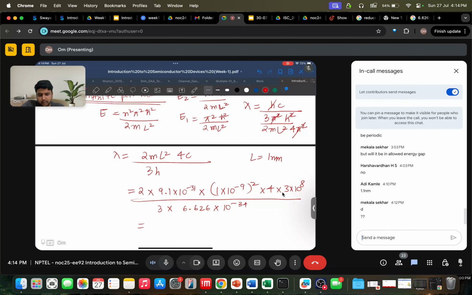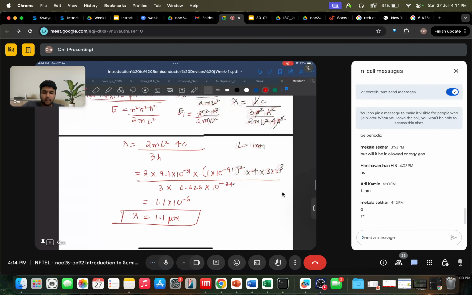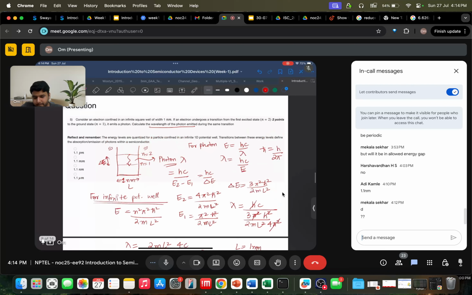What I would get is 1.1 into 10 to the power minus 6, which is 1.1 micrometer, which is option D.